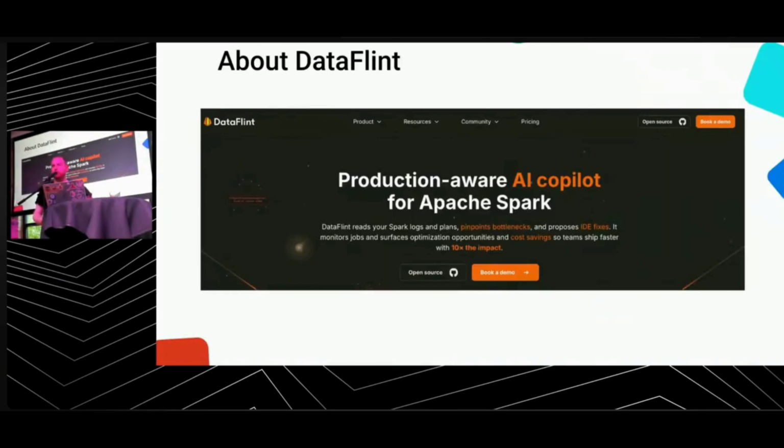In one sentence, we are an AI co-pilot for Apache Spark, meaning we give AI models context about how your big data workload works, to be able to optimize, troubleshoot, and basically bring the revolution to big data, because in big data, context is everything, and context about production is everything. You need to collect this context and present it to AI in a very concise way to be able to optimize performance and troubleshoot hard problems.